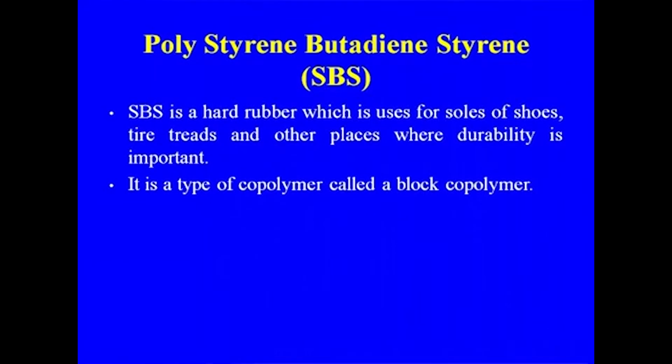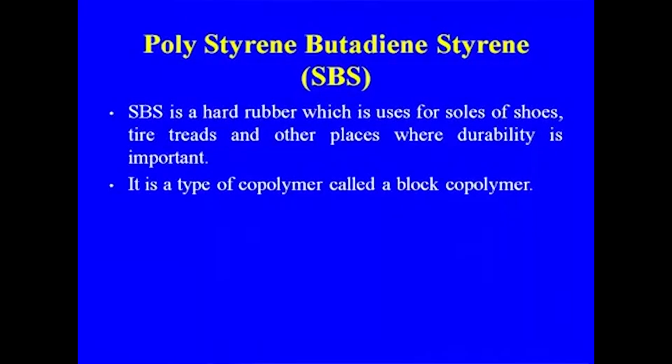Another important one is polystyrene butadiene, that is SBS. SBS is a hard rubber which is used for the soles of shoes, tire treads and other places where durability is important. Earlier we used to have shoe soles made of leather.